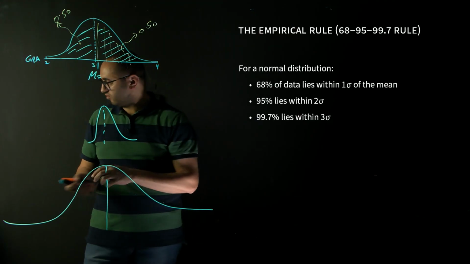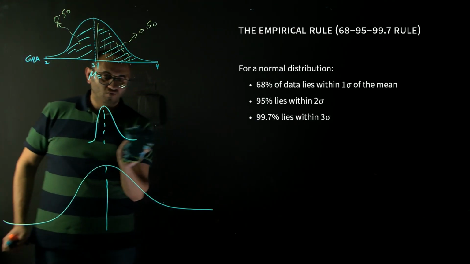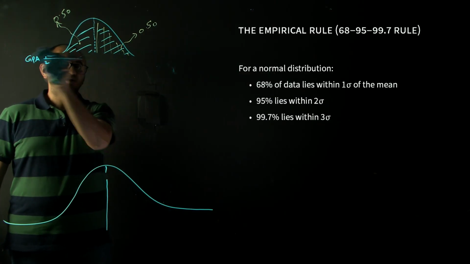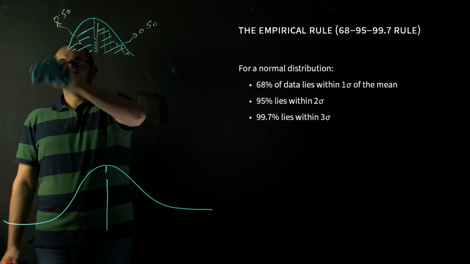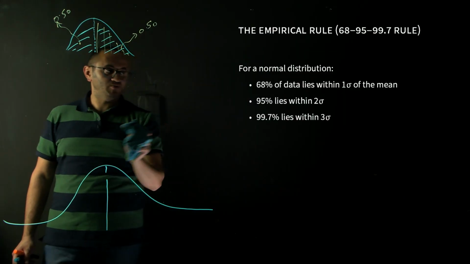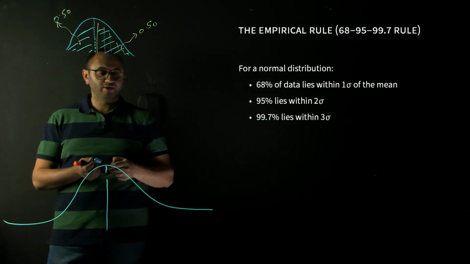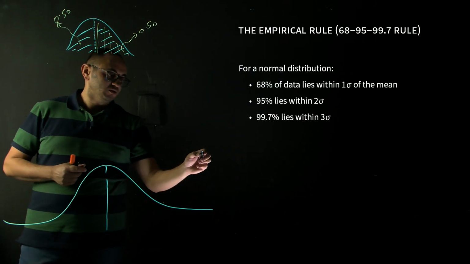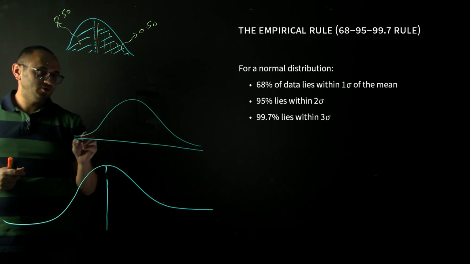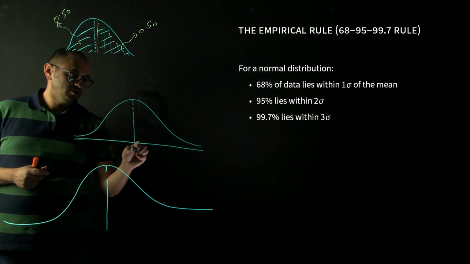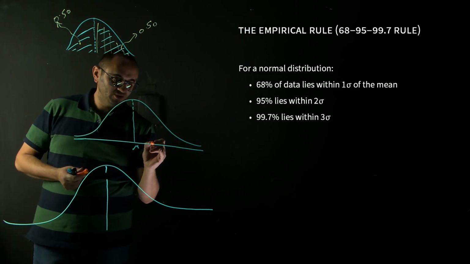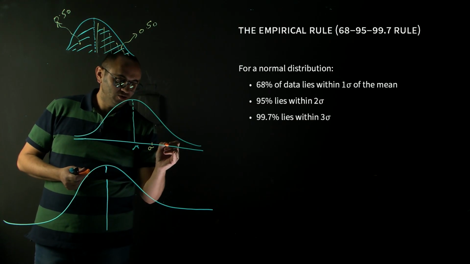If we have a normal distribution with mean mu and standard deviation sigma, then about 68% of the data should be within one standard deviation from the mean. For example, suppose this is our normal distribution. This is the mean. This is sigma or 1 sigma. This is 2 sigma.